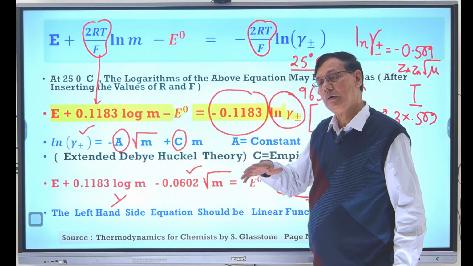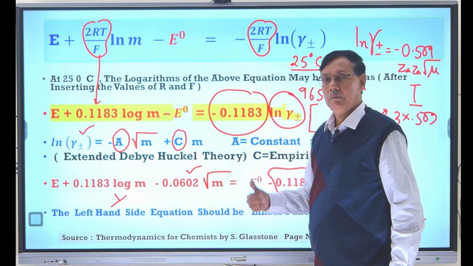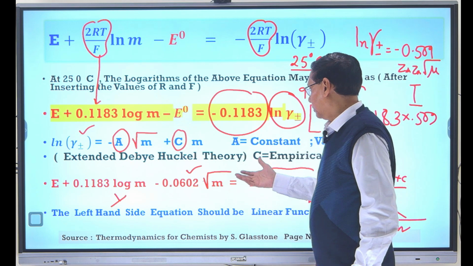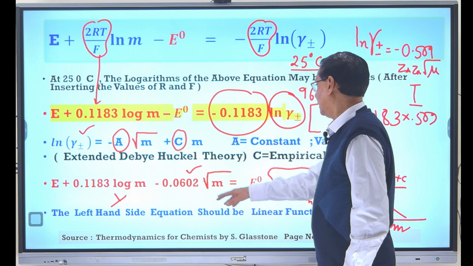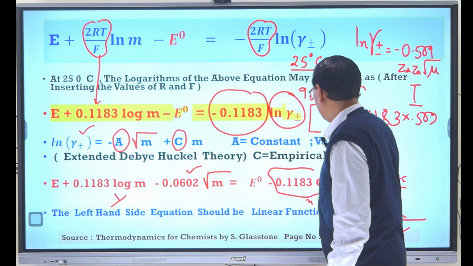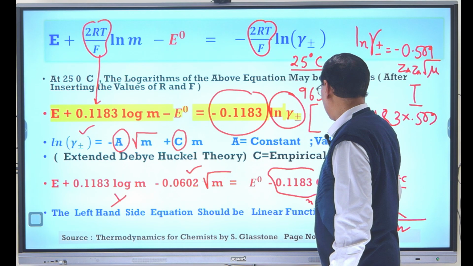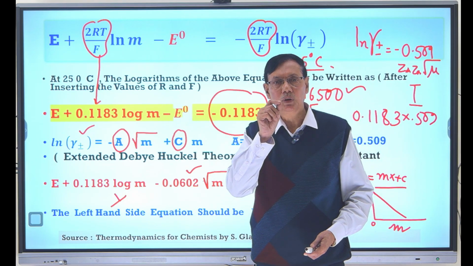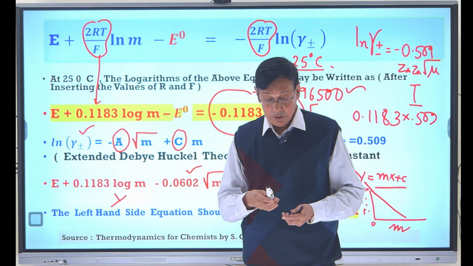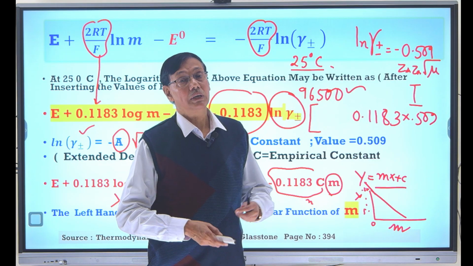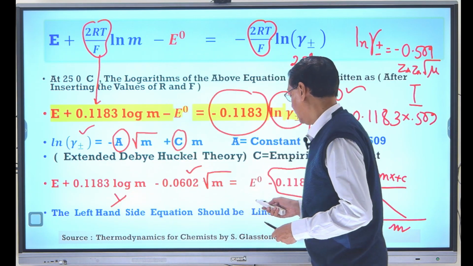And of course, it is also available in the books of Alberty, Daniels, as well as other books. But I am just blindly following that book. So by that equation, you can directly determine E0 by the extrapolation method. But for students who are having difficulty understanding this, I would like to tell a simple method also.